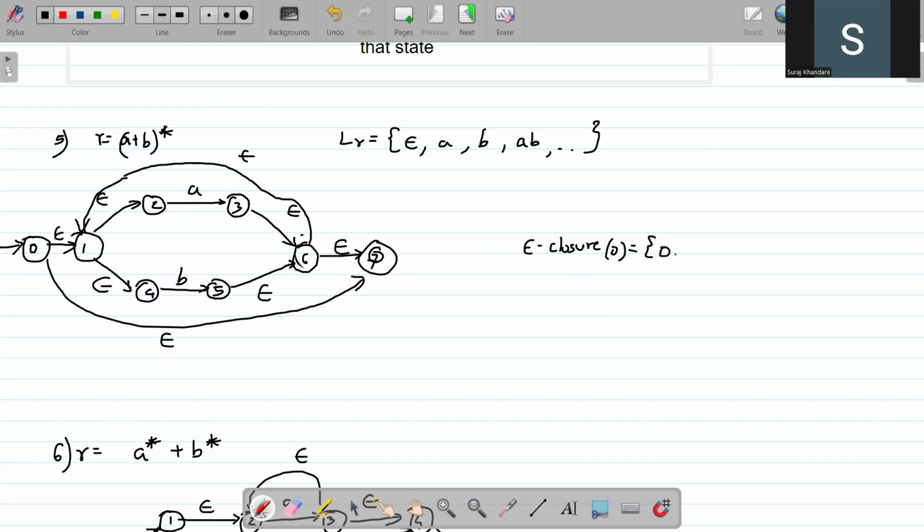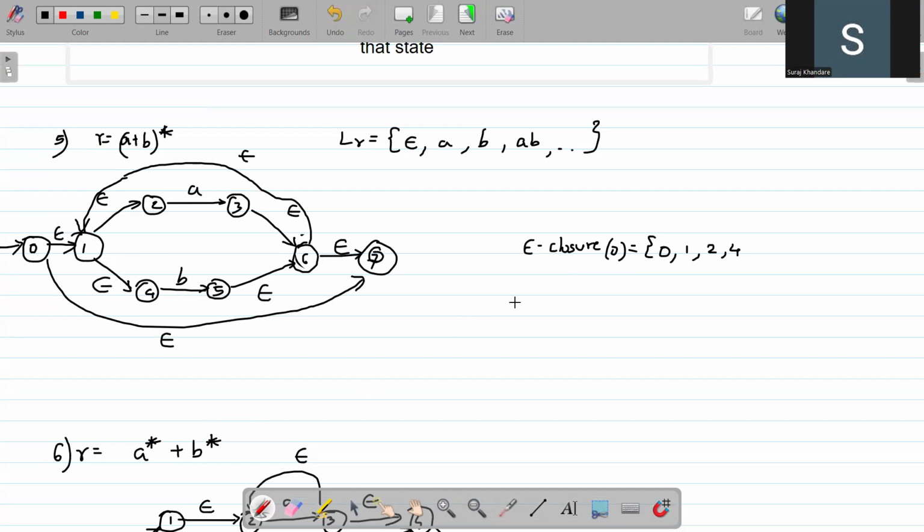So include the state first, then 0 to 1, there is a transition. From 1 to 2, yes, there is a transition. From 1 to 4, there is a transition. So these are epsilon transitions. Epsilon, epsilon two times is allowed. Epsilon A is not allowed. So epsilon, epsilon A, we cannot go to 3. Epsilon, epsilon B, we cannot go to 5. So these are not reachable from 0.